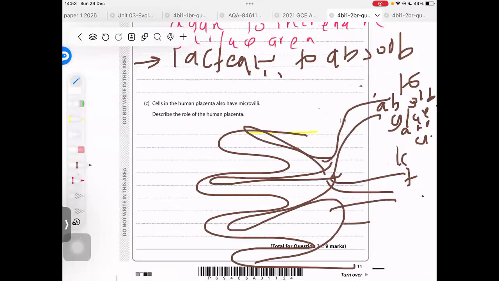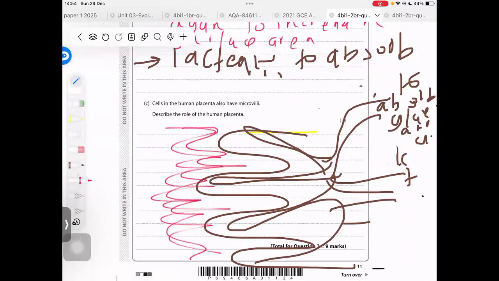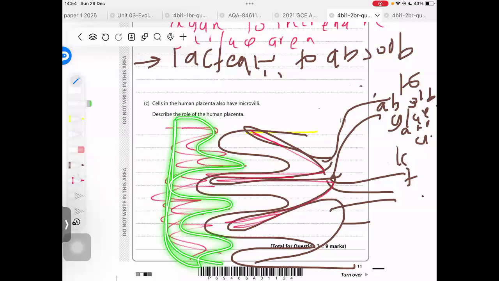Here the blood of the mother is there, not the fetus. Here the blood of the fetus is there in the umbilical capillaries. Here you can see like an interstitial fluid. The blood of the mother is there surrounding the villi, surrounding the microvilli.